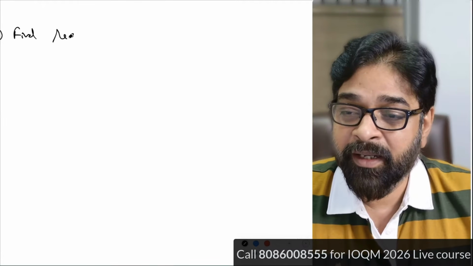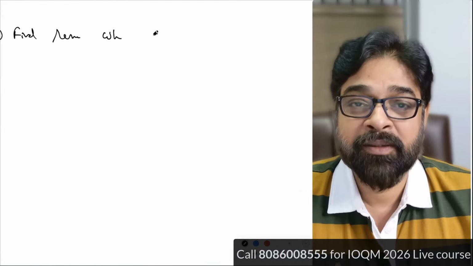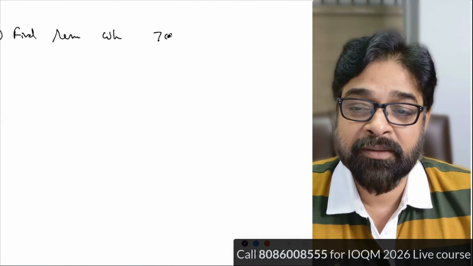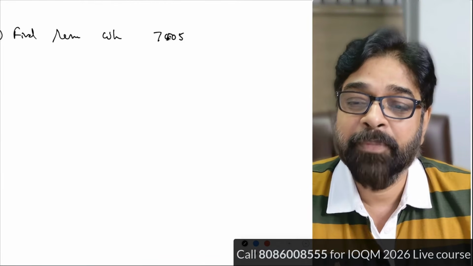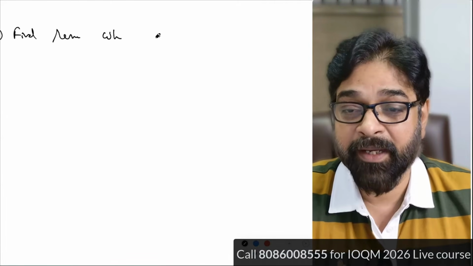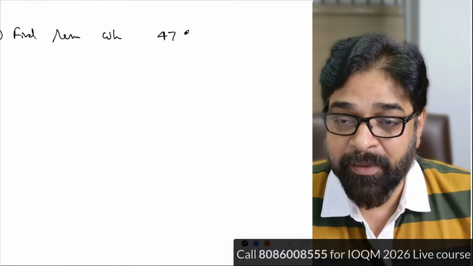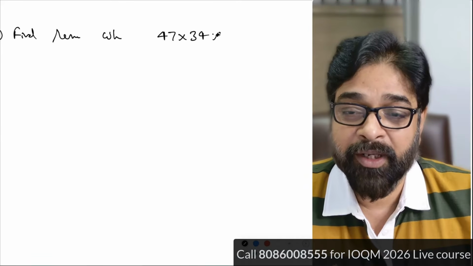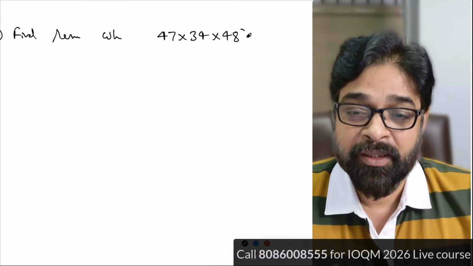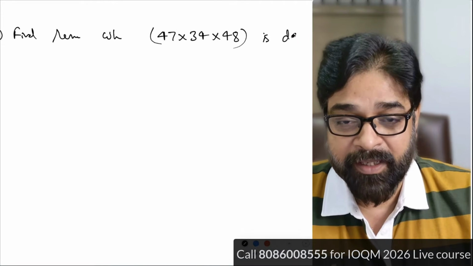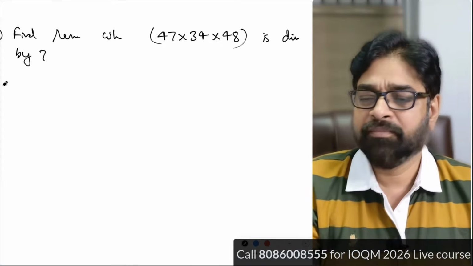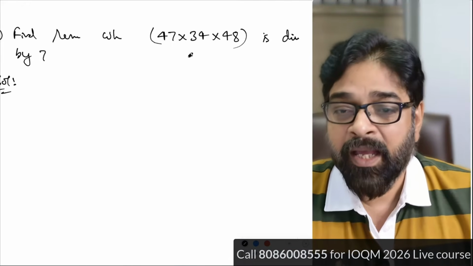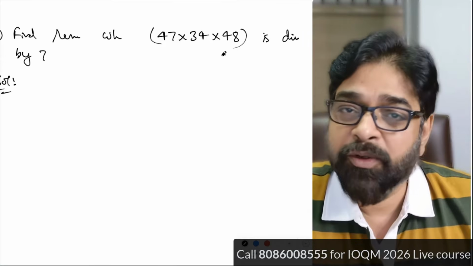Question number 1: find the remainder when 47 into 34 into 48 is divided by 7. Sir, very simple. I have to find the remainder when this quantity is divided by 7.